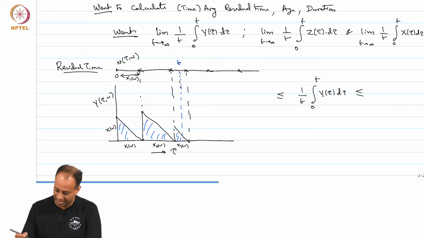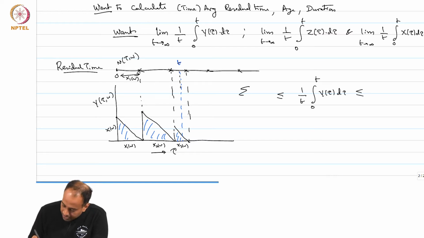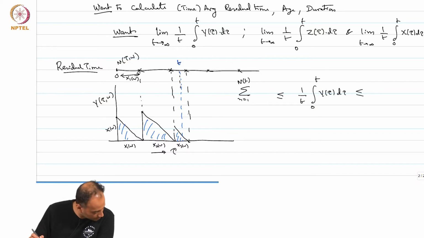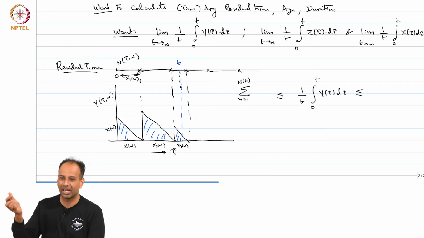So, what does that really translate to? It translates to something like this. Let me just write this down. This will be the sum over n equals 1 to N(t). What is the area of each of these triangles? Half x_n square.